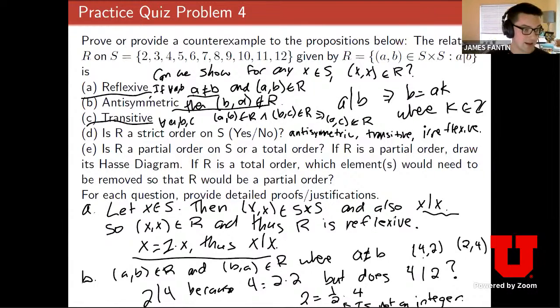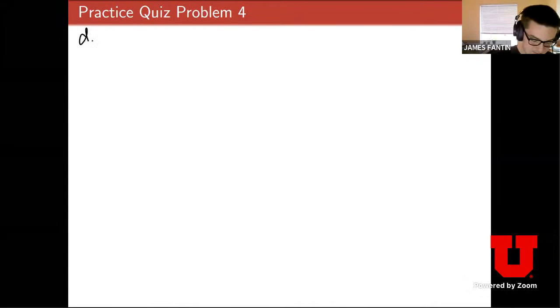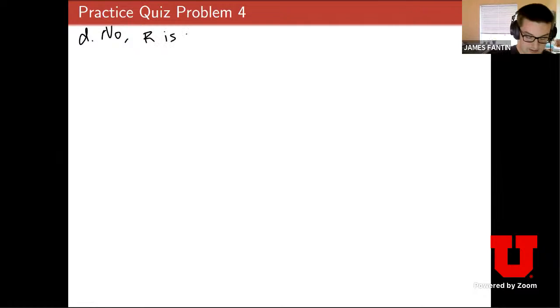We proved in part A that any x in the set is related to itself. So for part D, no, R is not irreflexive. We could prove this by just a brief counterexample.